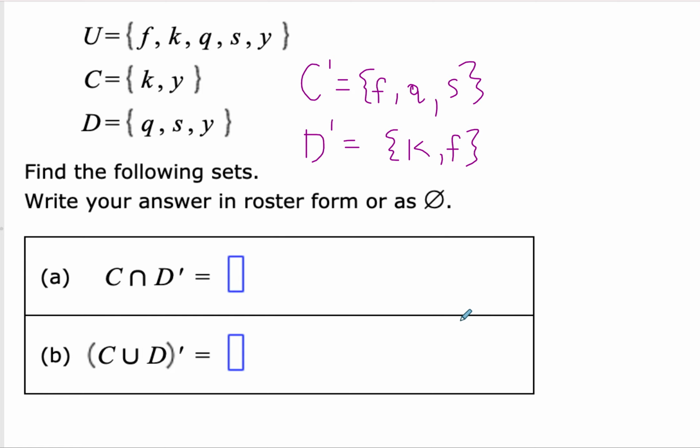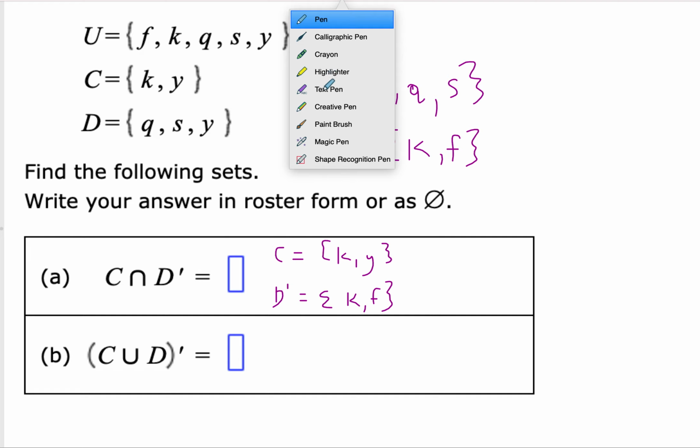All right, so let's look here. The first set they want to know about is C intersect D complement. So isn't it good that I went ahead and listed those? Maybe you should try to do that too before you do these types of problems. Anyway, what do C and D complement have in common? C has K and Y. And D complement has K, F. So what do they have in common?